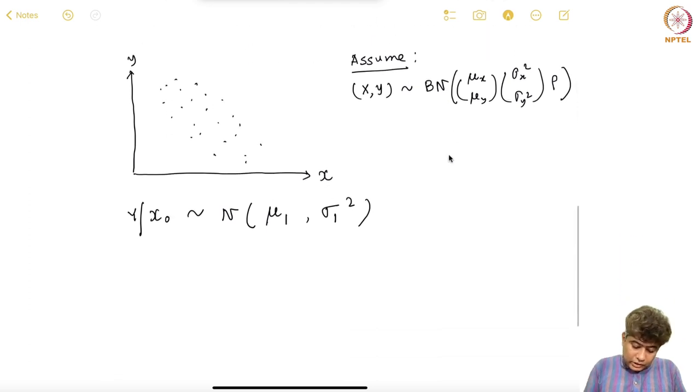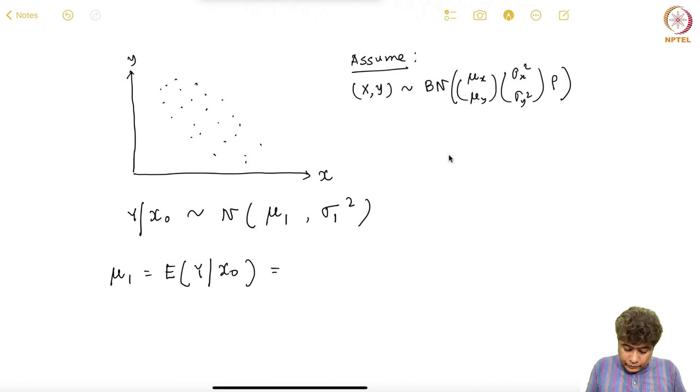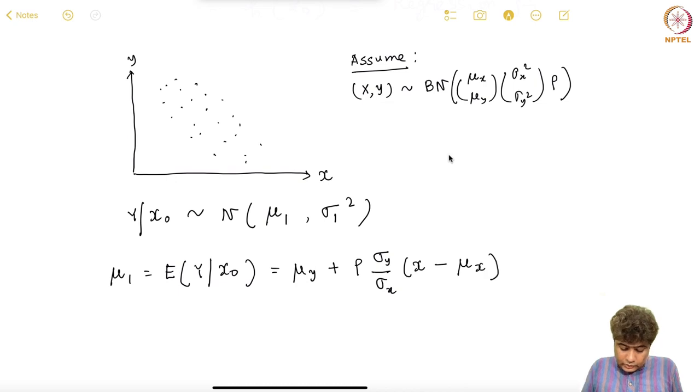Now what is this conditional mu? It is the expected value of y given x naught, which turns out to be mu y plus rho times sigma y by sigma x times x minus mu x.